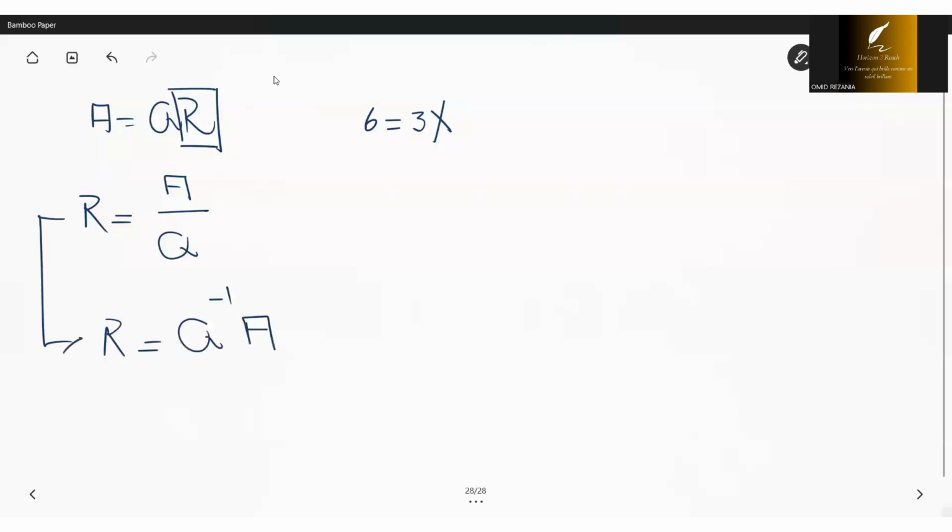For example, for this case, x becomes 6 over 3, which gives you 2, or essentially I can write 3 to the power minus 1 times 6. 3 to the power minus 1 is the inverse.